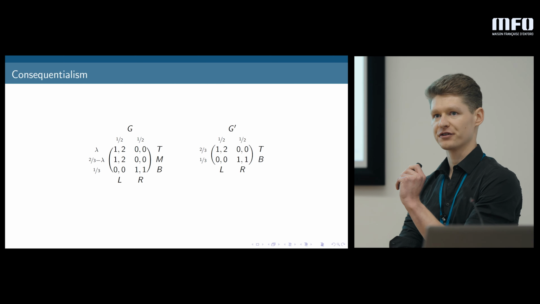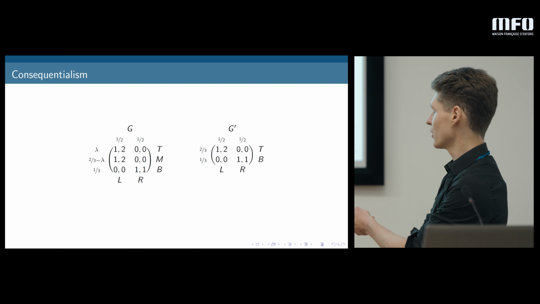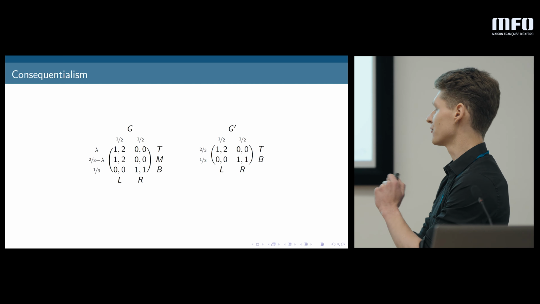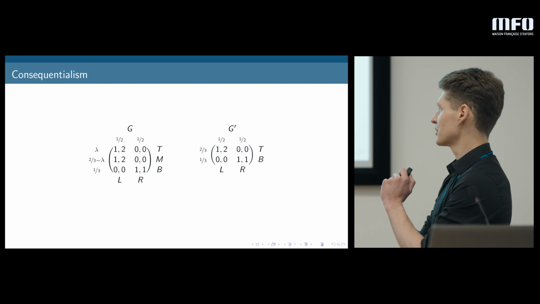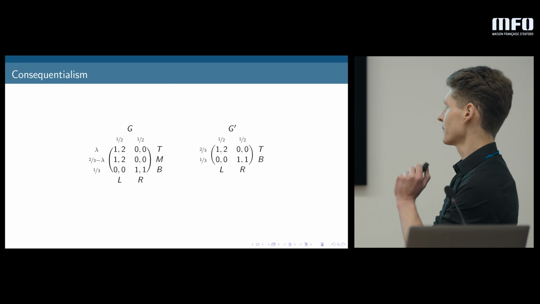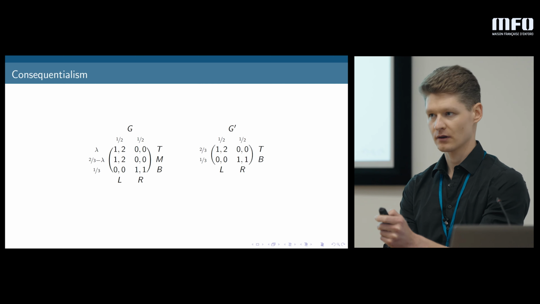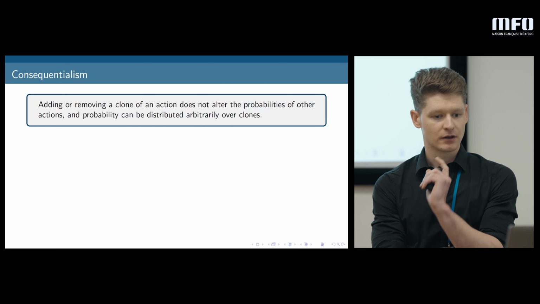And the axiom also goes the other way. If one of those strategy profiles on the left, where lambda is something between 0 and 2/3, is returned in G, then the strategy profile here on the right is also returned in G prime. All right.